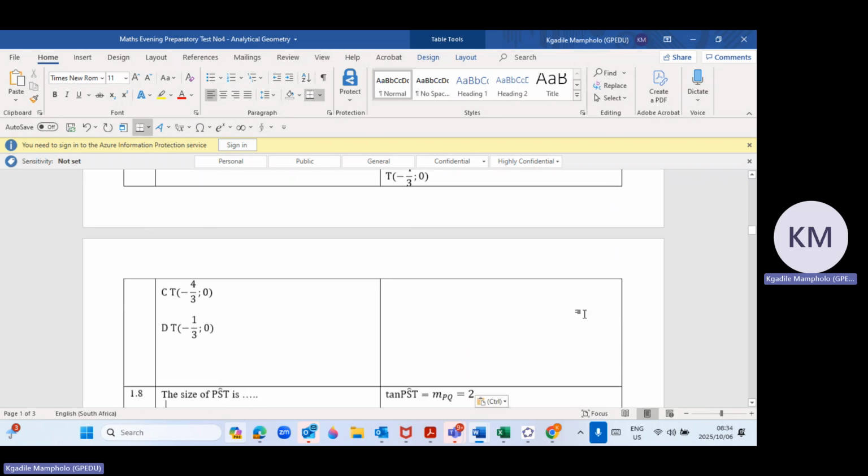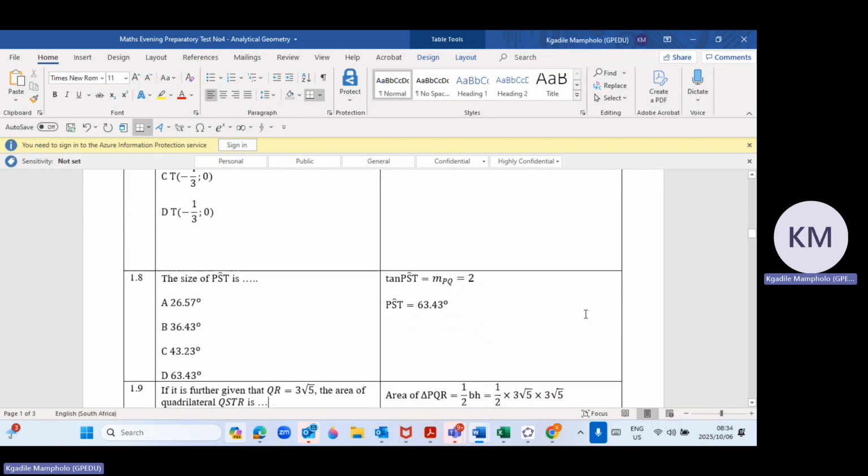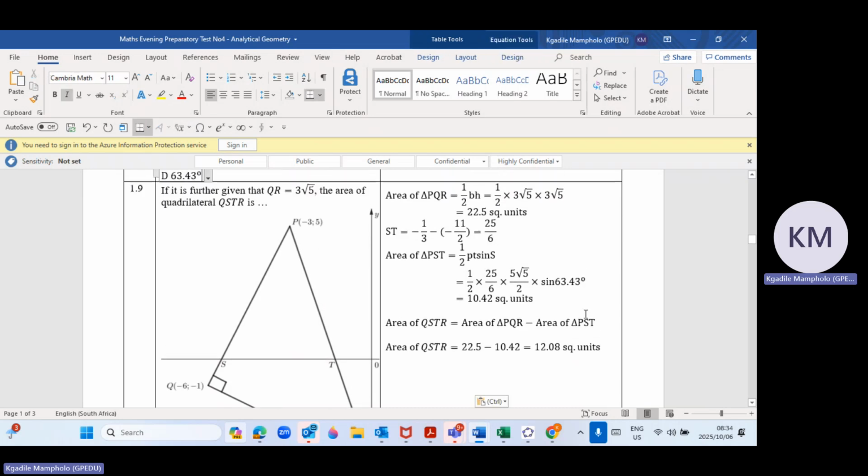Remember, when you use the trig rules, small letter t will be PS, and small letter p will be ST. That is why we got ST, because it's a horizontal distance.